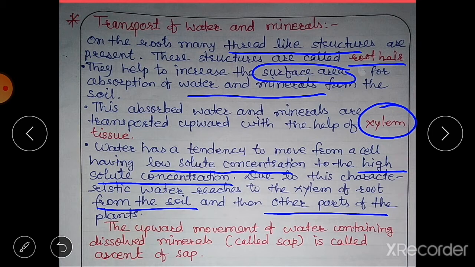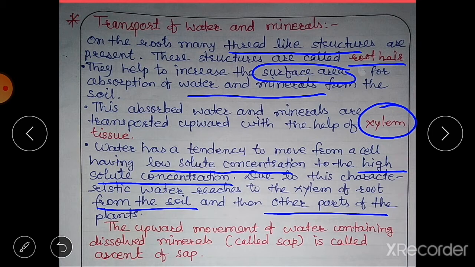So because of the difference between the concentration of solutes in the soil and inside the root cells, the water and minerals move inside the roots.